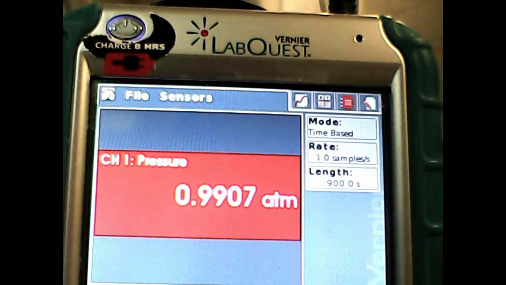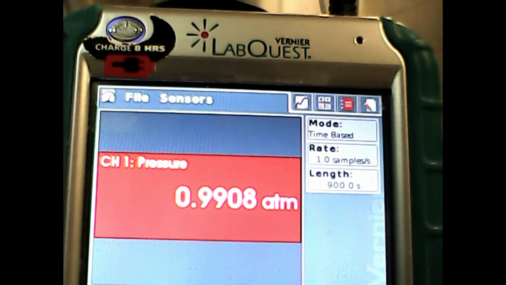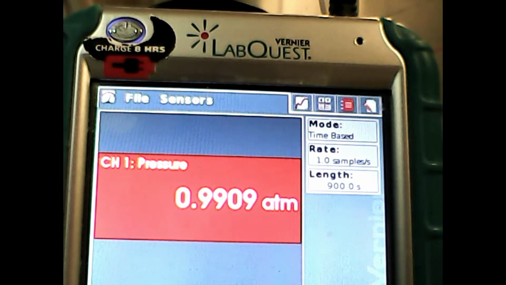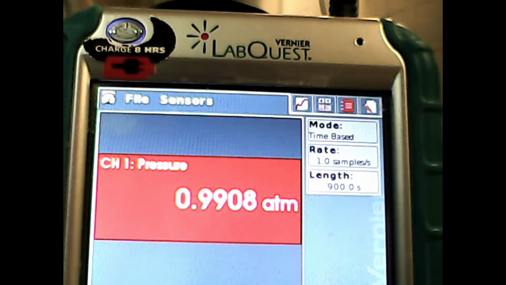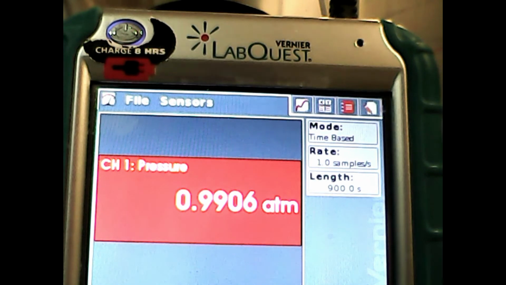All right. So what we're going to do is we're going to put an object in this vacuum chamber whose volume is not guaranteed to be constant, and see what happens when we start changing the pressure. Here is our object that is not a constant volume. Let's see what happens when we put this in the vacuum chamber.